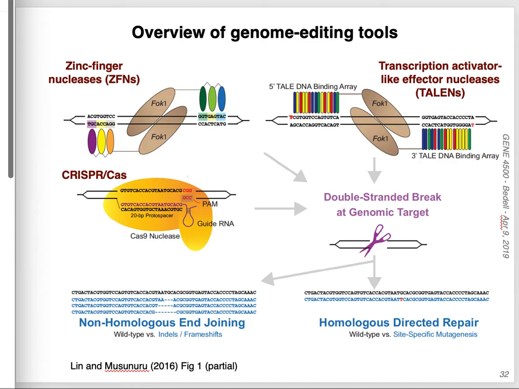We will talk about two other applications beyond just making knockouts. The first paper we'll talk about is the muscular dystrophy paper. They're not making small deletions, they're making ginormous deletions, all as a way of partially restoring the function of the dystrophin gene product.